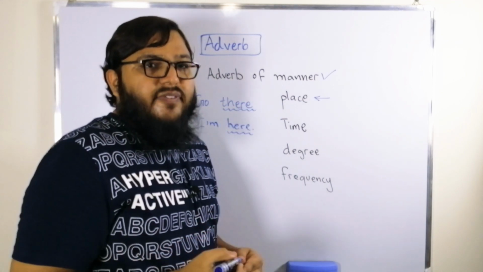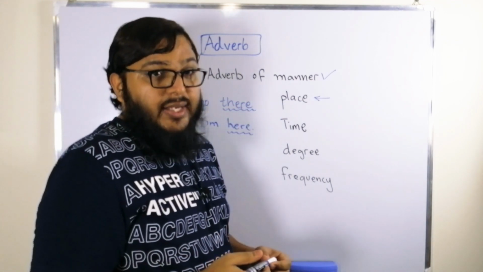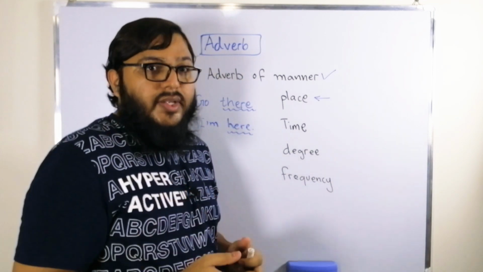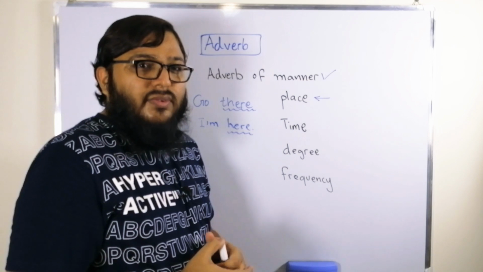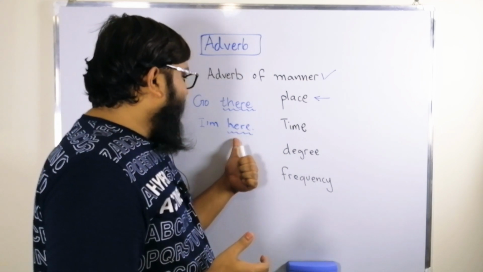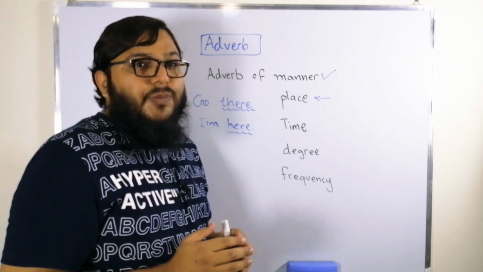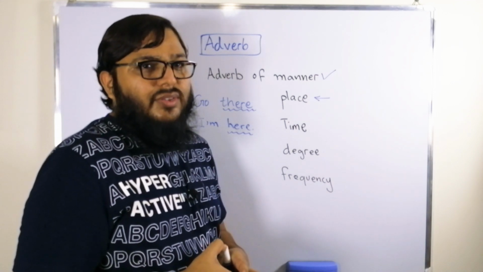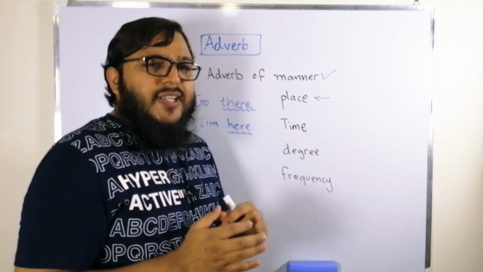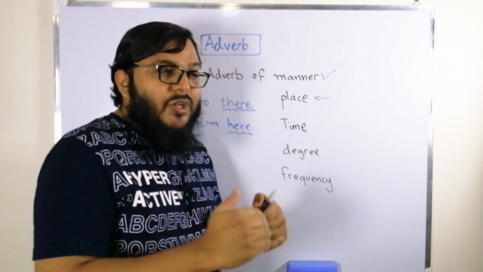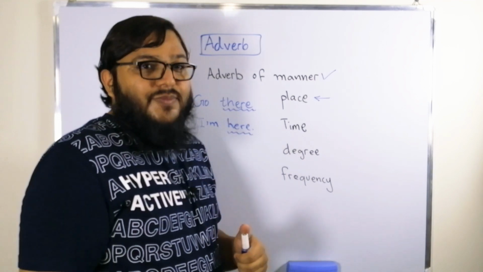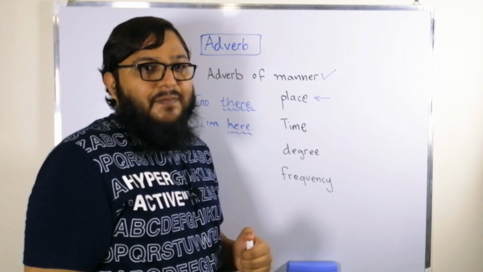There are many adverbs of place you can find in English grammar, but I just mention a few here for basic learners to understand. Sometimes people get confused. They consider it a preposition, but it is not a preposition. When something looks like a preposition and we don't call it a preposition, they are adverbs of place or adverbs of time.